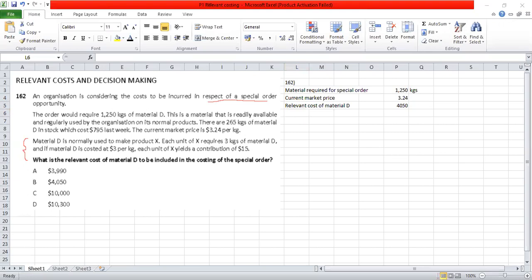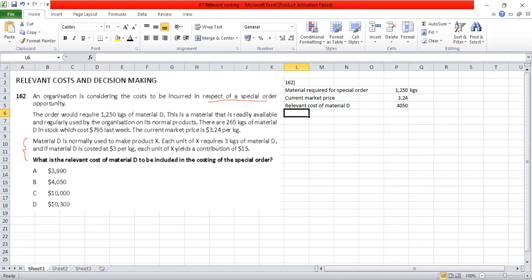Ma'am, yes ma'am, for the relevant cost, we usually calculate on the new material. We won't be considering the existing 265 kgs or adjusting with the requirement of the special order. You mean to say the consuming of the material?